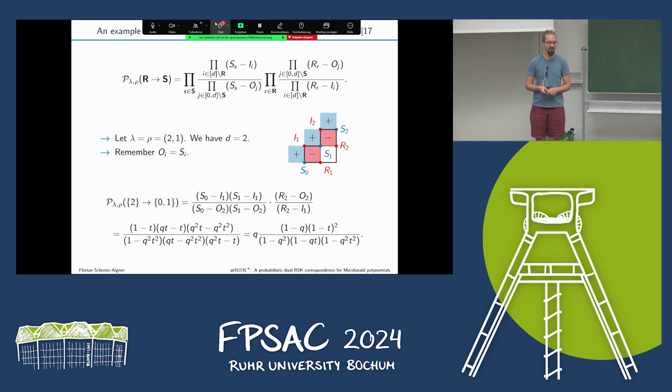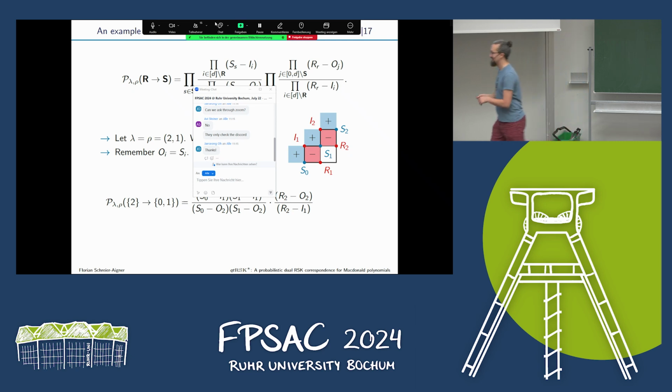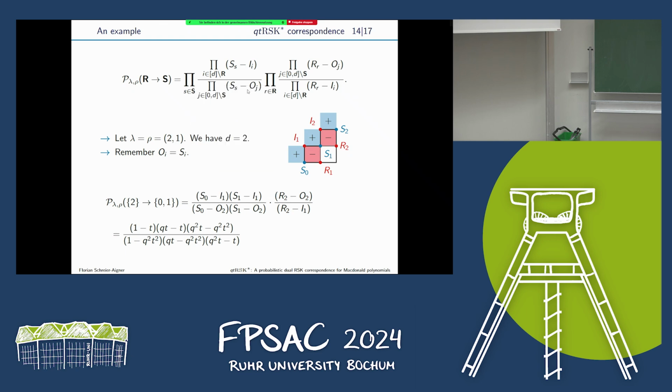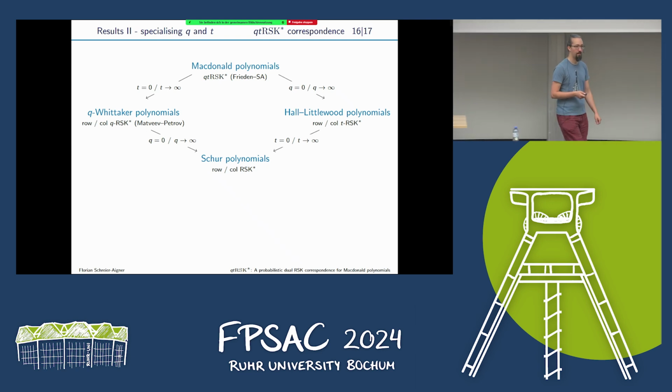I'm not an expert on this area, but as far as I know, there is a generalization of RSK for the Cauchy identity of Whittaker functions. There is also another version of RSK due to Imamura, Mucciconi, Sasamoto.